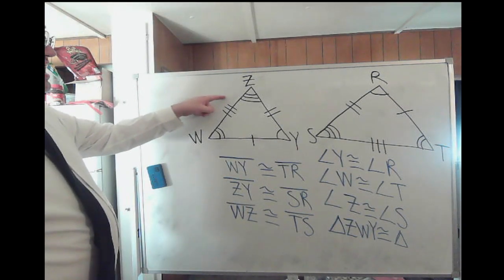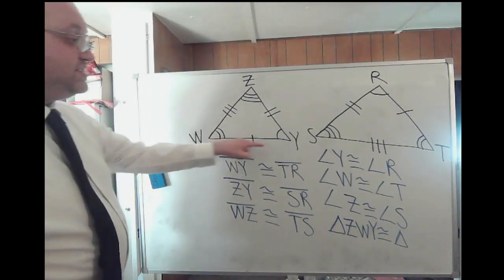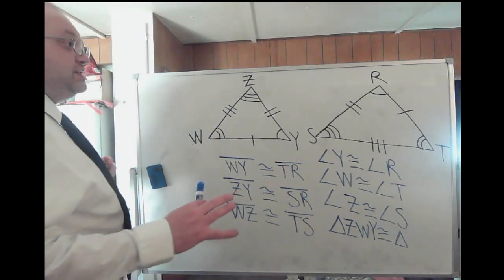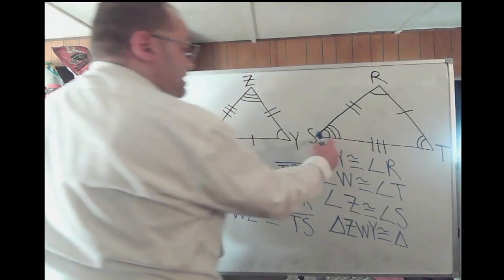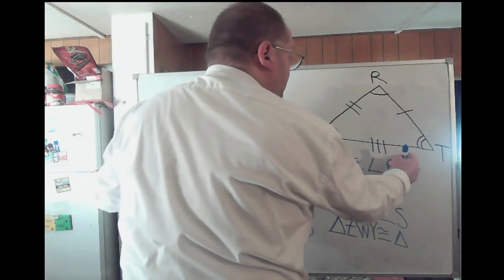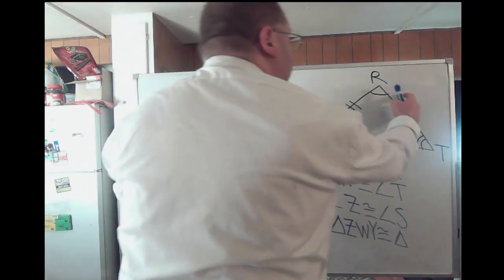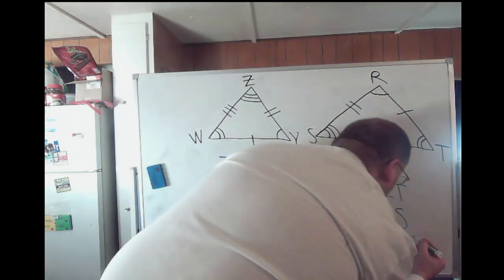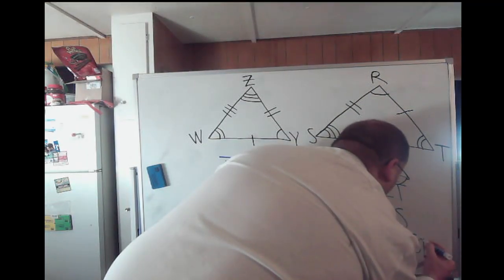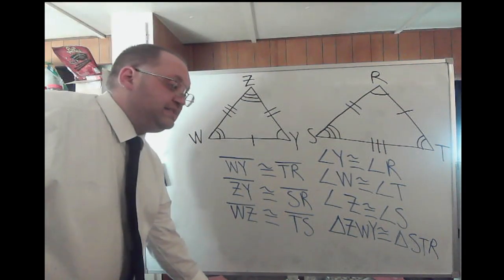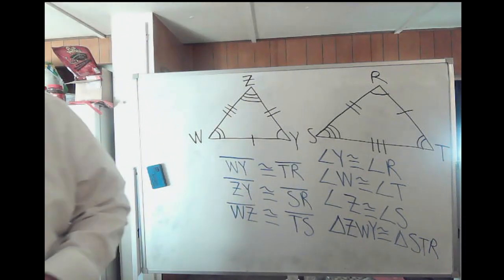It starts on the side with the 3 tick marks, ends on the side with 1. So we need to start on this triangle the same side. Start on the side with 3 tick marks, end on the side with 1. So it'd be triangle STR. So triangle ZWY is congruent to triangle STR.